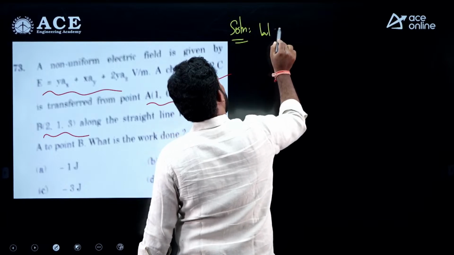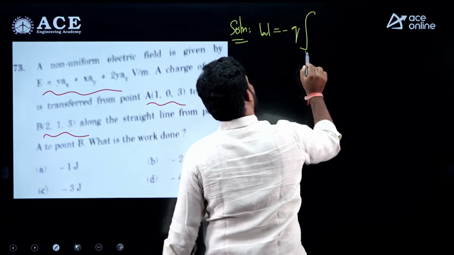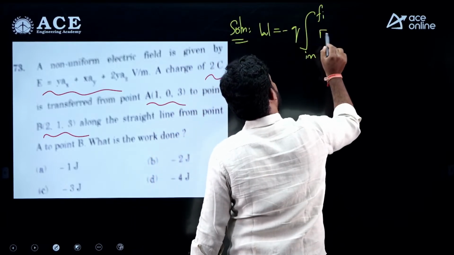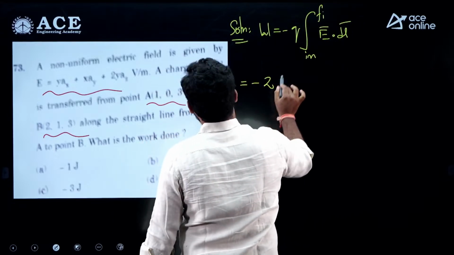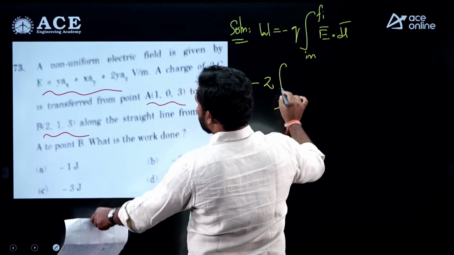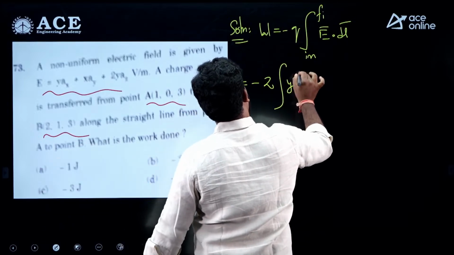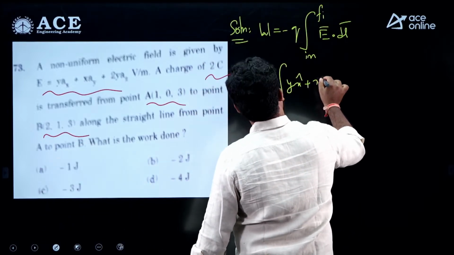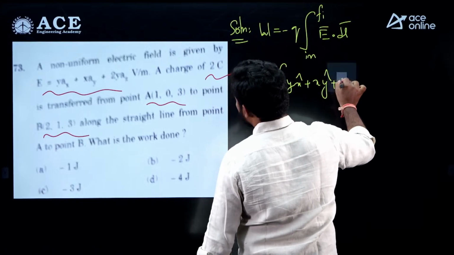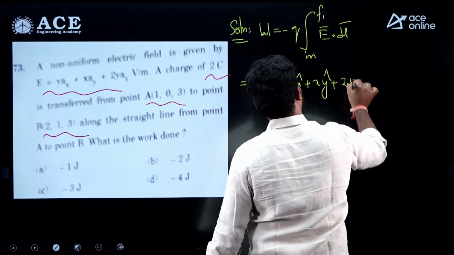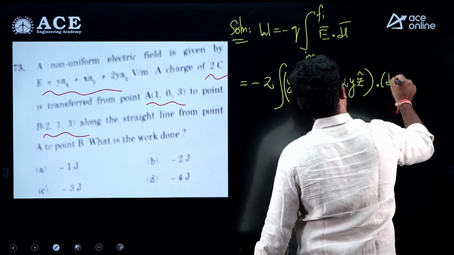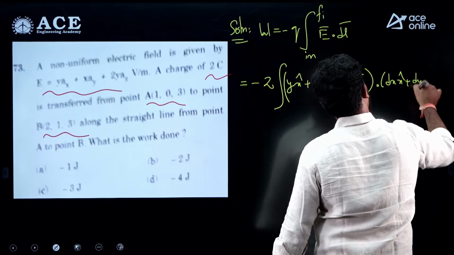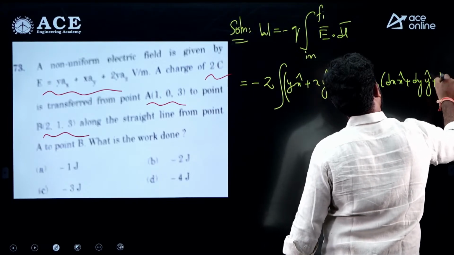The work done is equal to minus the integral from initial to final of E dot dl. The charge here is 2 coulombs. So it is y x cap plus x y cap plus 2y z cap, dot product with dx x cap plus dy y cap plus dz z cap.